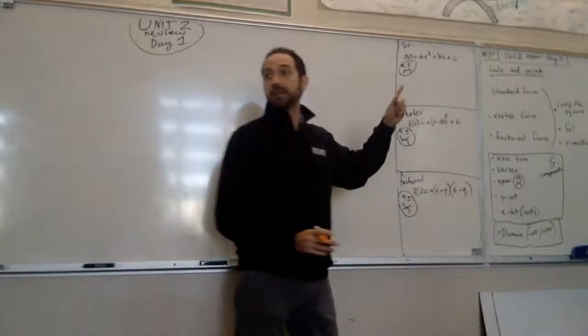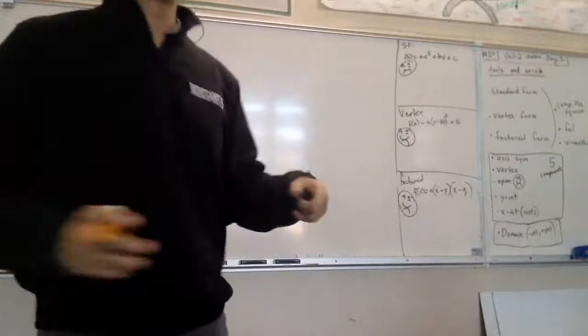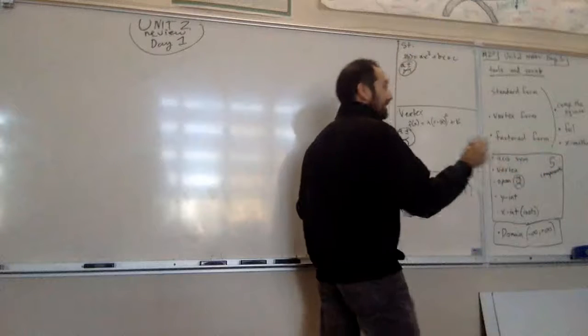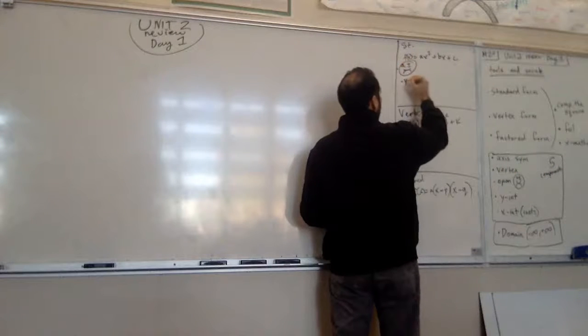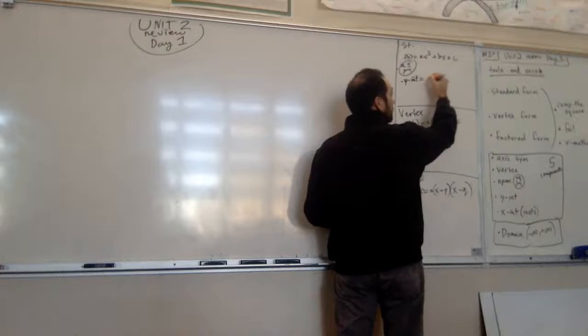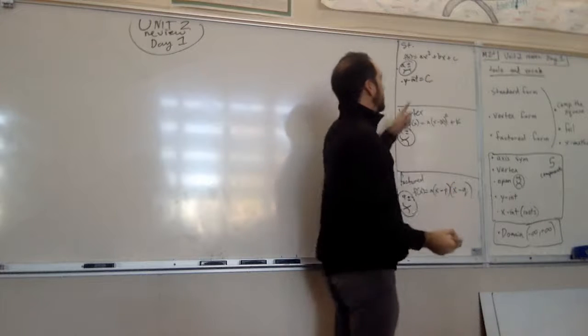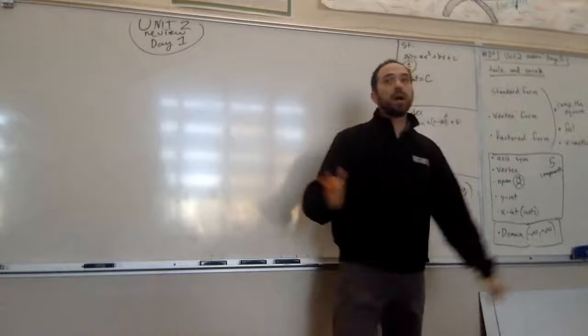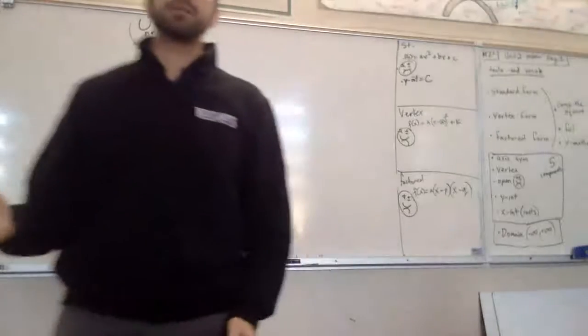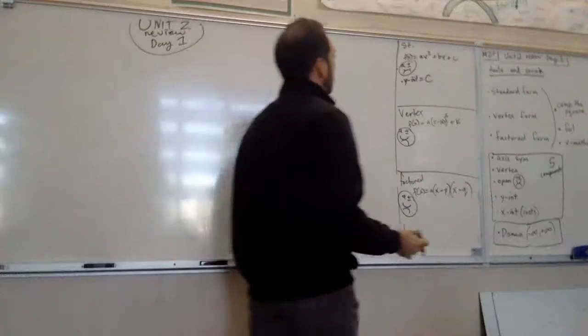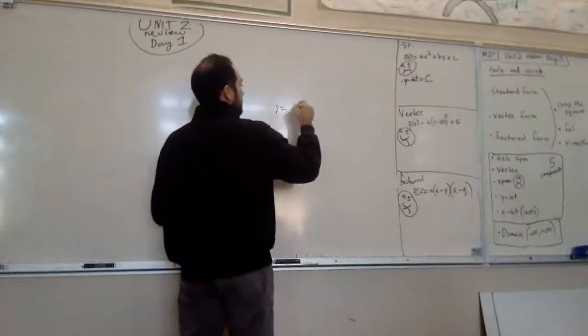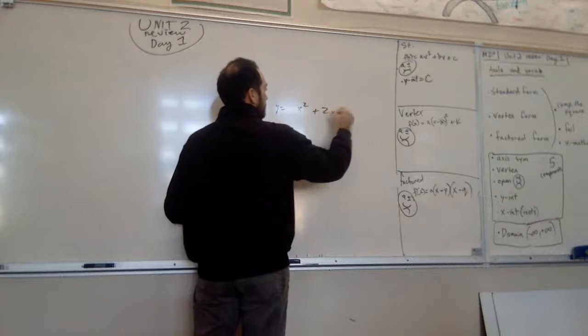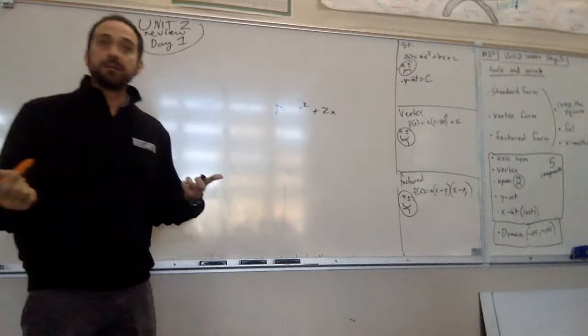What's the other really easy thing to find in standard form? Good. So we have the y-intercept, and it's equal to what value? c. Because if you plug in 0 for x, you're on the y-intercept, and the only thing left over is that constant. If you have y equals x squared plus 2x, there's no c.